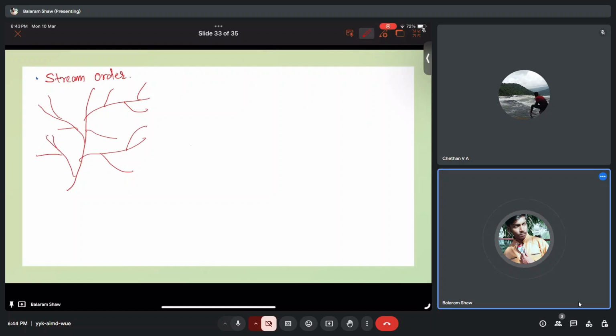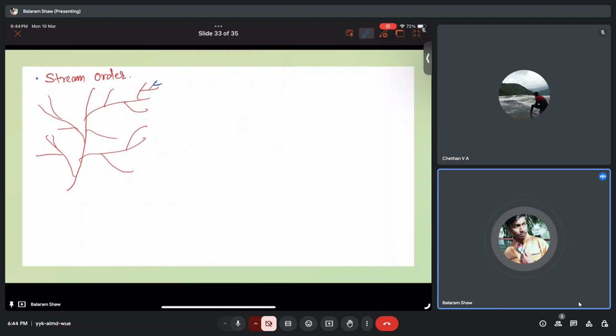Now you can see there are several smaller streams which are joining, and then it is coming to the mainstream of the larger stream. So let's see the first line, this line and this line is the smallest stream that we can see.